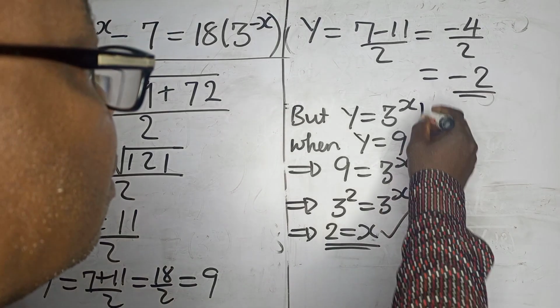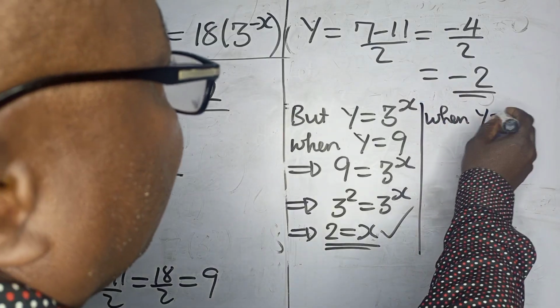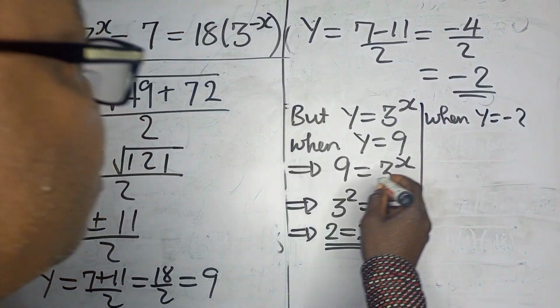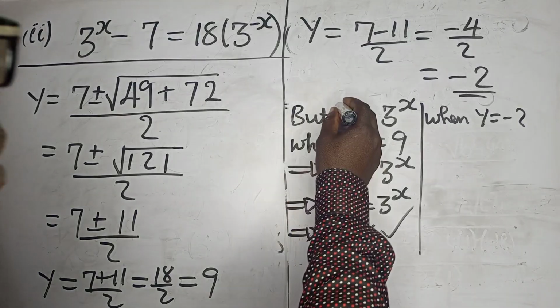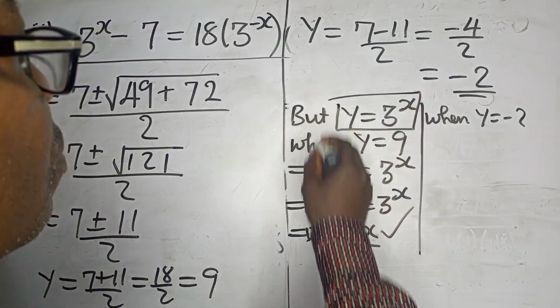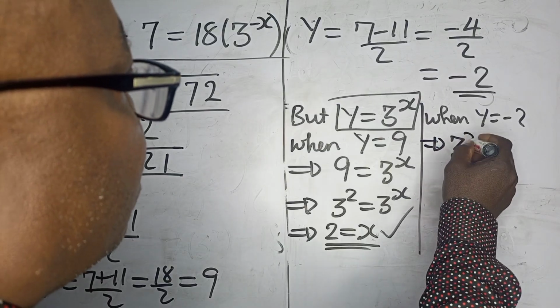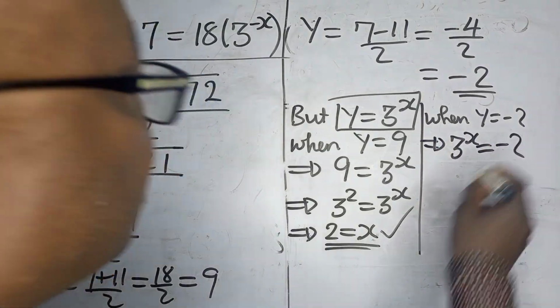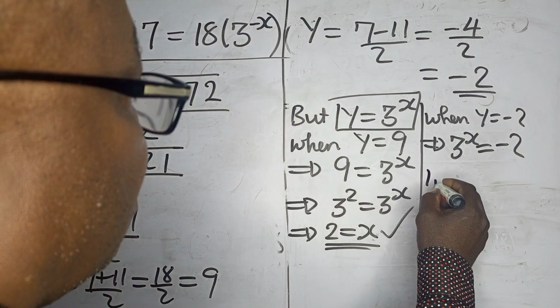All right, let's take the second case. When y equals negative 2, remember again that is the relationship between y and x. So we're saying 3 to the x is equal to negative 2. An index expression equal to a negative number, that is impossible.